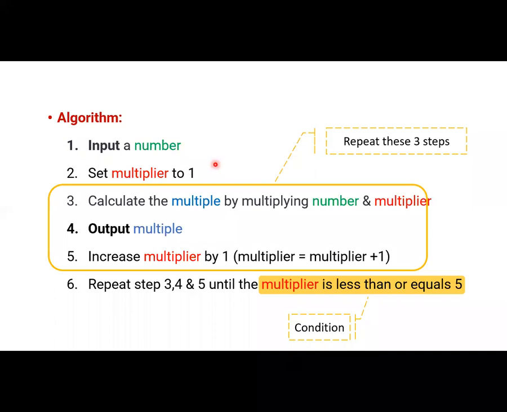The third step is calculate the multiple by multiplying the number and the multiplier. The fourth step is output the multiple. Then increase the multiplier by 1. Increase the multiplier by 1 means that we add 1 to the multiplier, then assign it to the multiplier again.